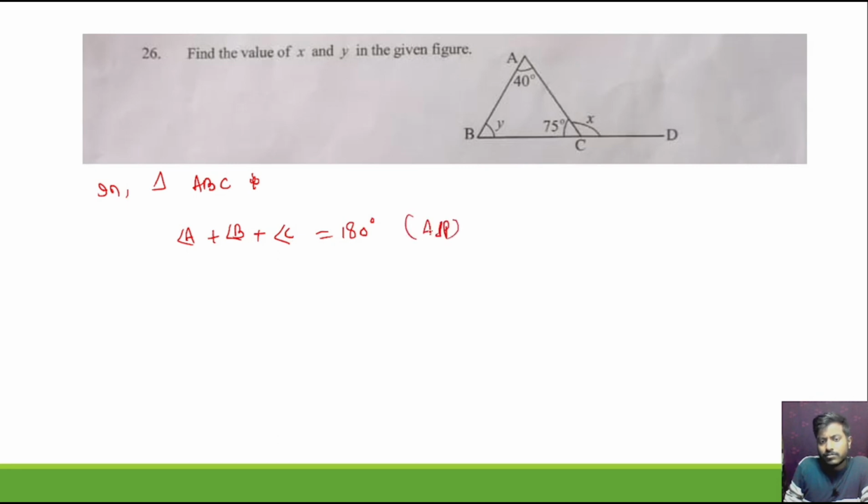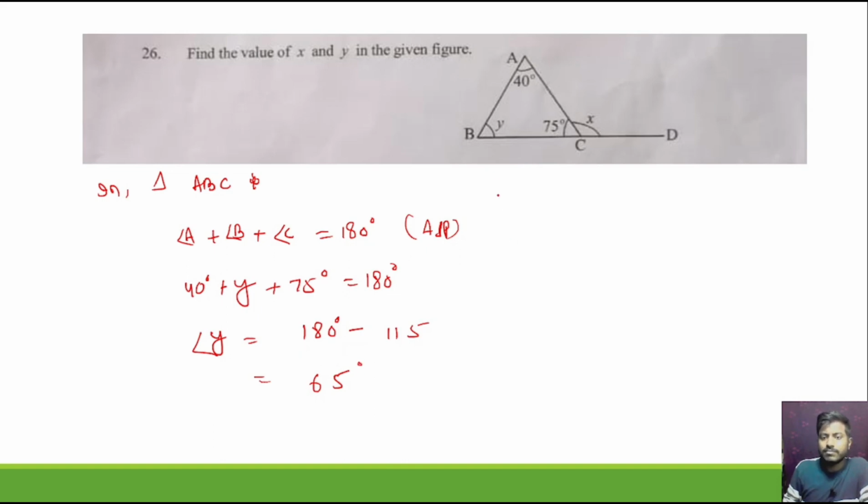So put the values: 40 plus y plus 75 is equal to 180 degrees. Now y equals 180 degrees minus (40 plus 75), that is 180 minus 115, which is 65 degrees. So y equals 65.